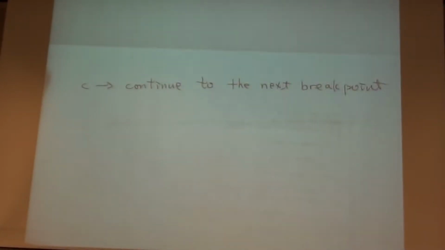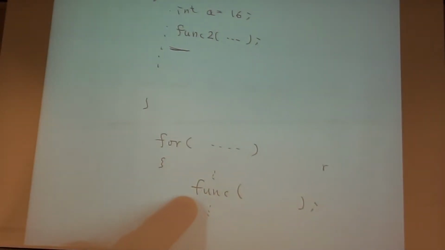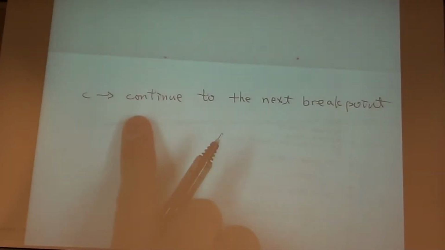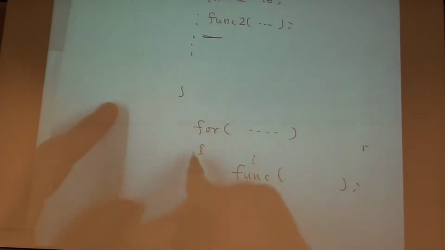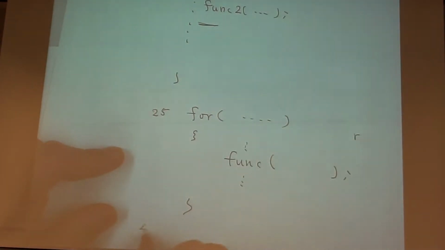I was going to ask how you get around your loop, because you probably don't want to hit. How to get out of the loop? If you have no breakpoint inside the loop, or you say C, you will go to the next breakpoint. You can set the breakpoint at any moment. So after you get into, let's say this is line 25, and you are inside the loop, and let's say this is line 42.